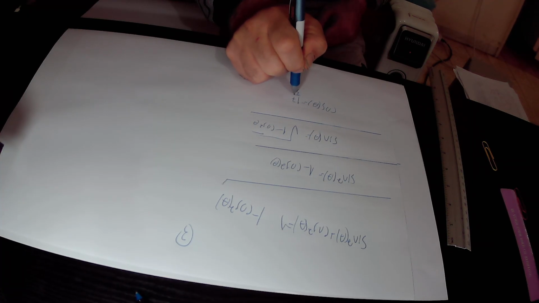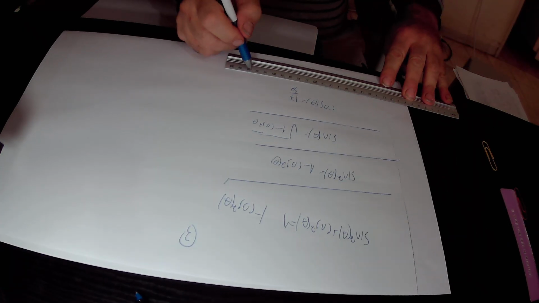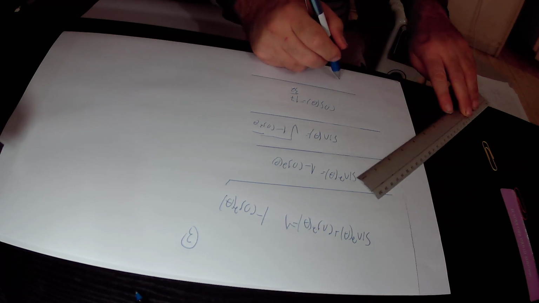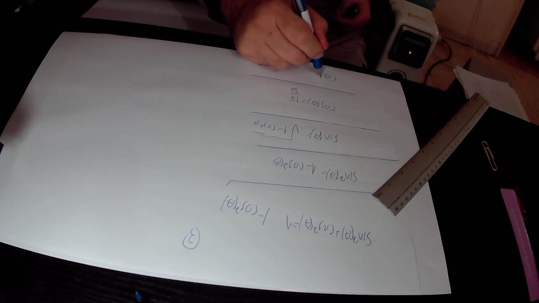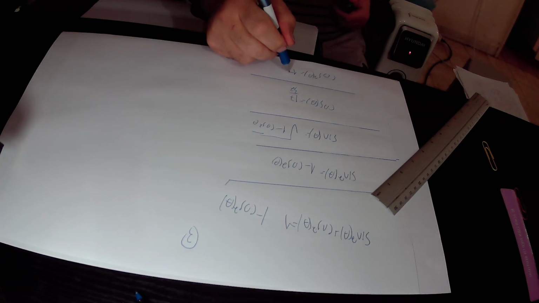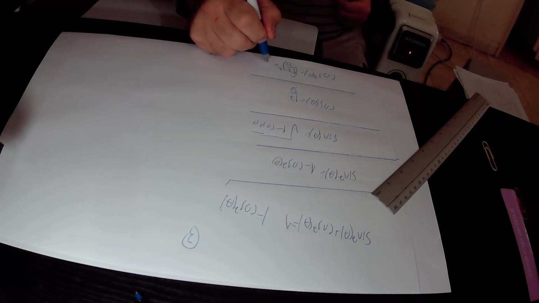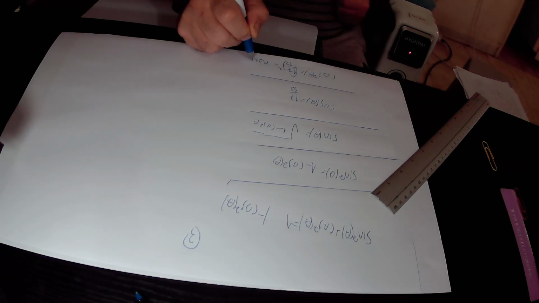So here we square this equation and get that cosine squared theta equals 17 over 32 squared. 17 over 32 squared equals 0.2822.